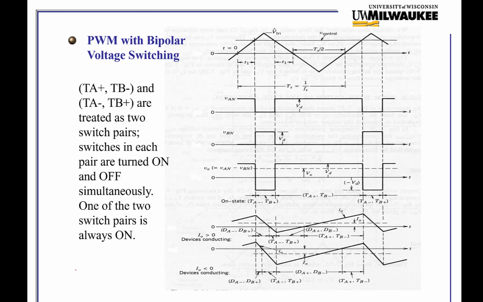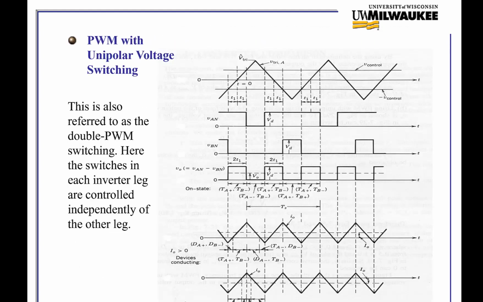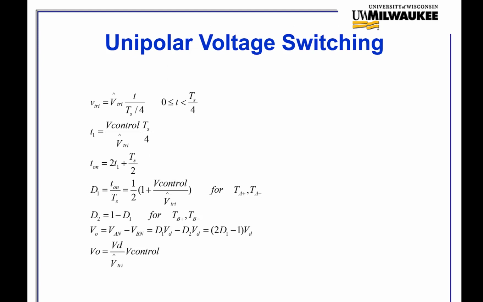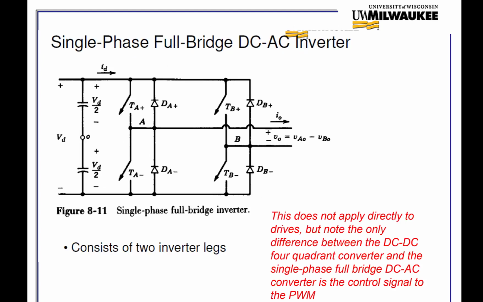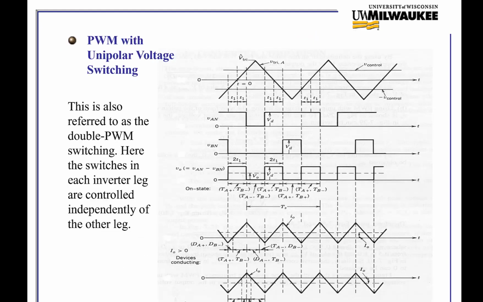Okay, what I'm going to do now, I've got these notes here, the PowerPoint. You can go through this. This is a little bit more rigorous, but we're going to talk about unipolar switching. I'm going to explain this in a different way, a simpler way. So just bear with me a second. I've got to figure out how to get out of this mode.